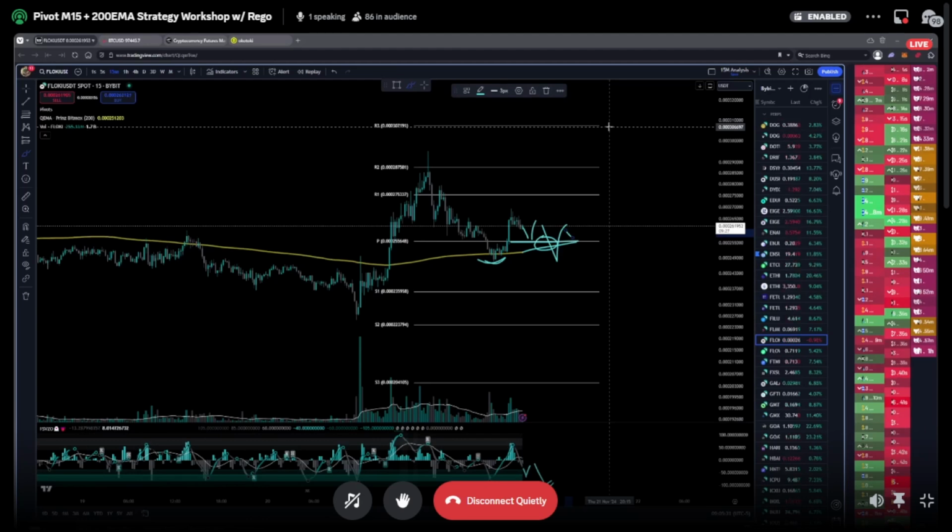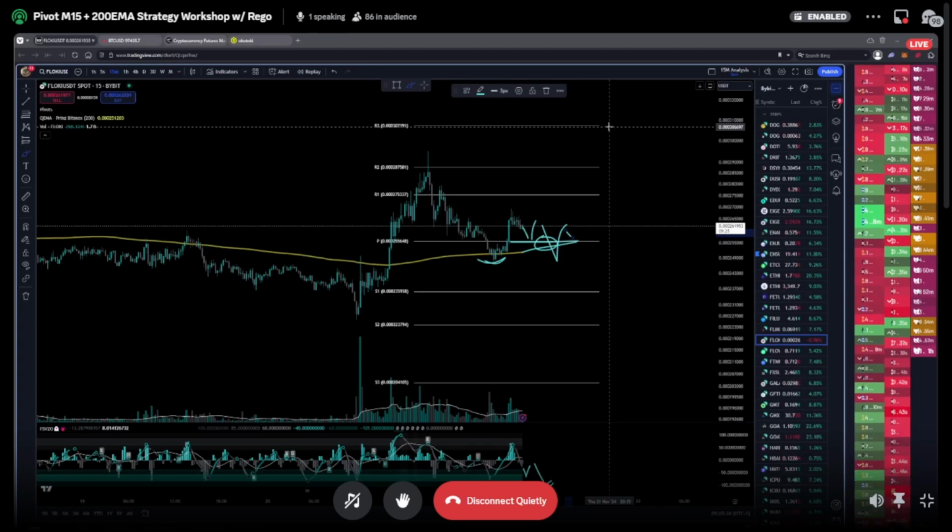And we assume that if it's being defended, well, then to the upside we go. And if it's being rejected, then to the downside we go. The only discrepancy I have with a short setup is that the slippage a lot of the times outweighs my potential profits for the amount of risk I'd be willing or needing to take.